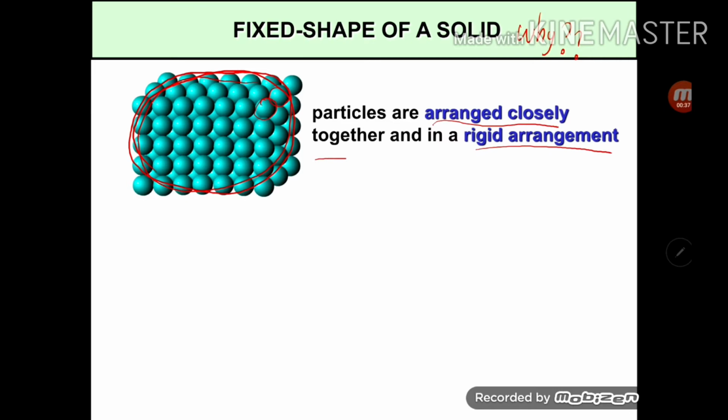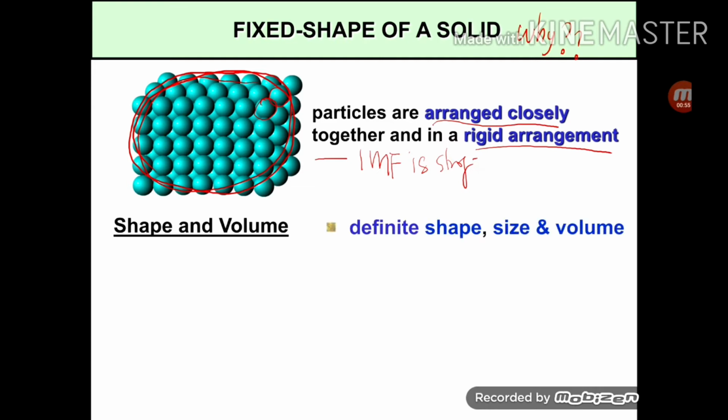Due to this arrangement, the intermolecular force between the particles is strong. That's why a solid has a definite shape, size, and volume.